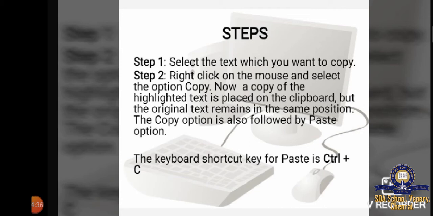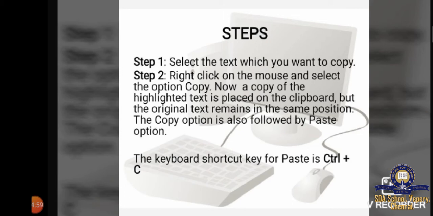Then we studied the cut option, paste option and copy option. For the cut option we studied 2 steps. The first one is to select the text that you wish to cut using the mouse or shift plus arrow key, and then right click and select the option cut.